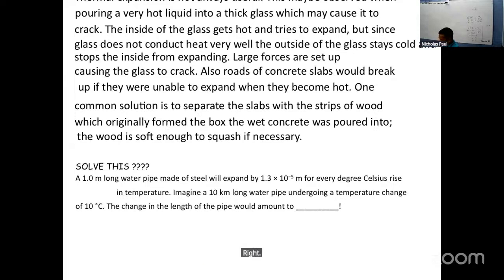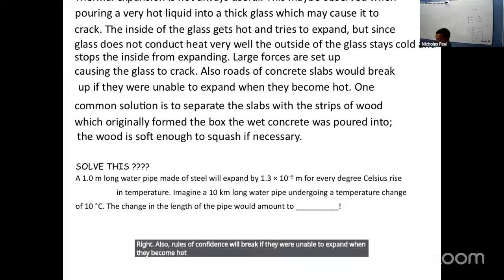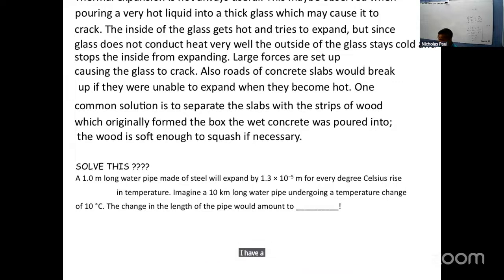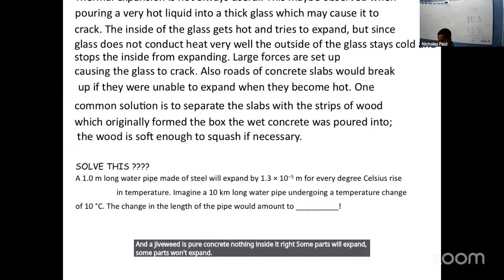Also, roads and concrete slabs would break if they were unable to expand when they become hot. So imagine you have a road, or a driveway, and the driveway is pure concrete, nothing inside it. When it expands, some parts will expand, some parts won't expand, causing cracks.